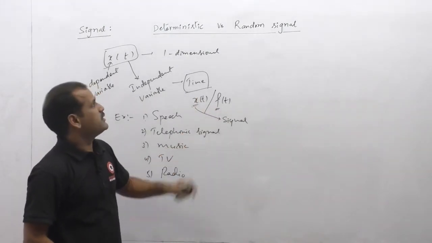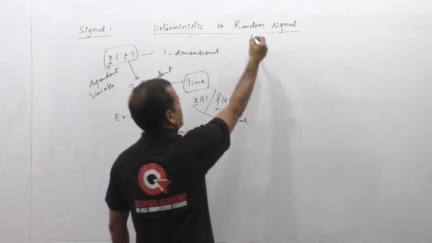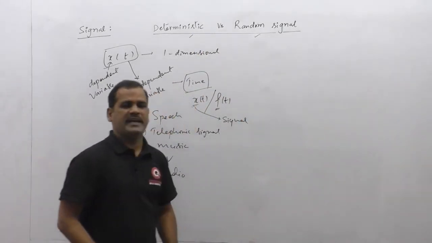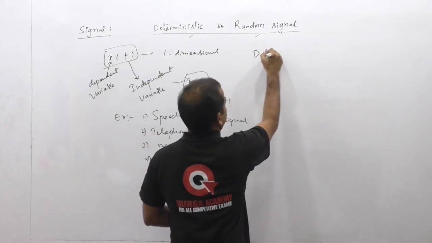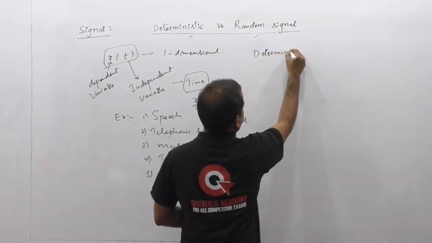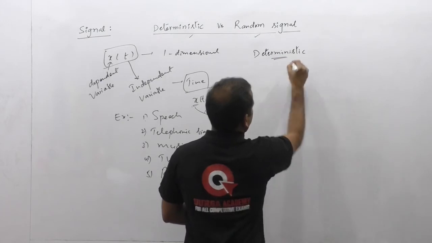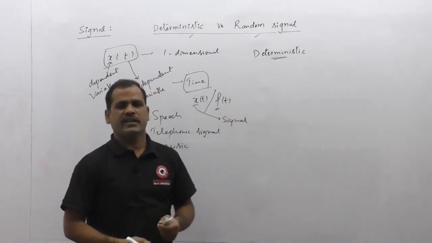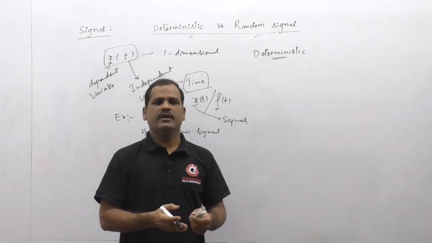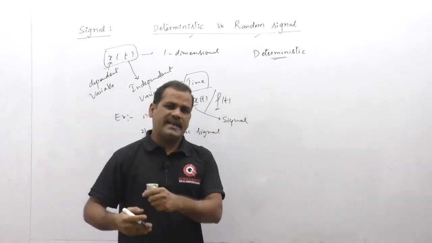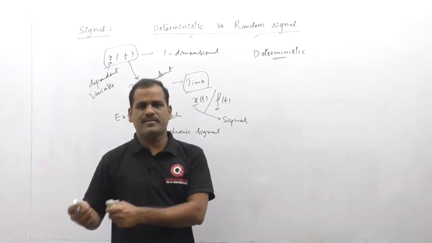This signal is basically categorized into two types here: deterministic and random signals. First, consider the deterministic signal. The definition of a deterministic signal is a signal which can be expressed in terms of a graph, and can be explained with the help of a mathematical equation.